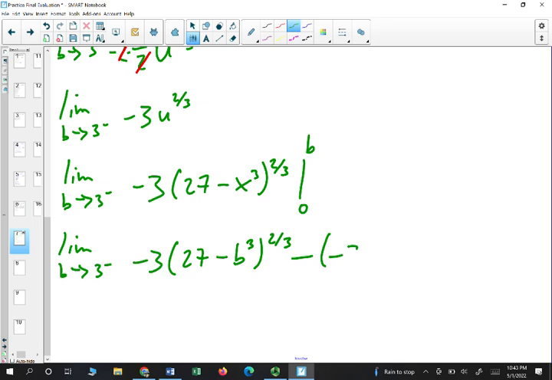Minus -3 times (27 minus 0 cubed) to the 2/3.